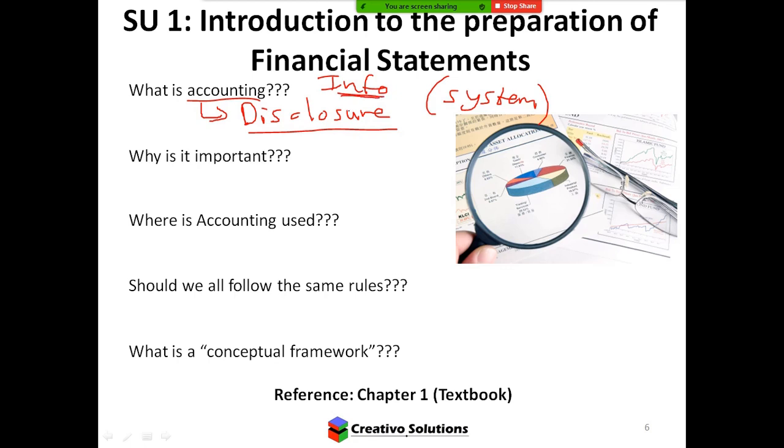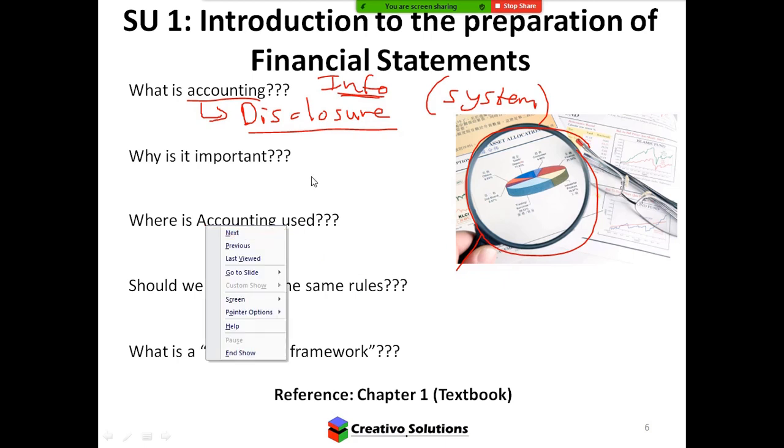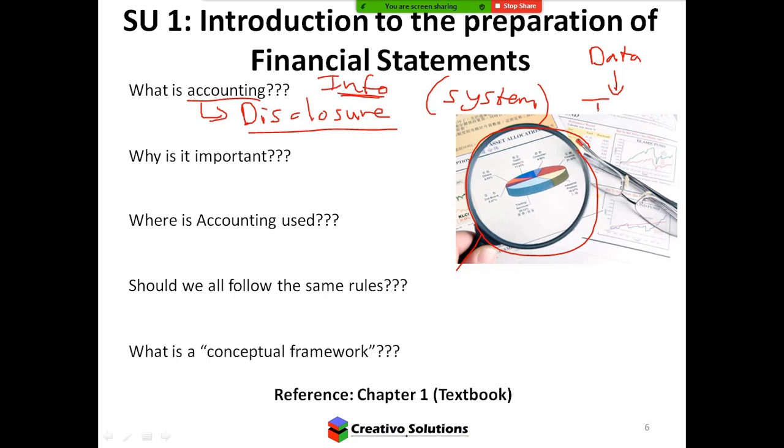For example, you cannot do financial management if you don't have accounting, because you will see financial statements and do analysis to measure performance, like profitability and liquidity. Accounting is a system for creating information. It's data that has been processed in a way that we can interpret. Another way of looking at accounting is as the language of business.